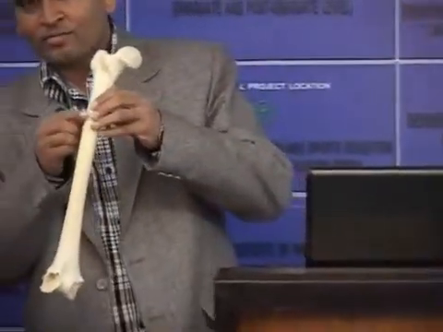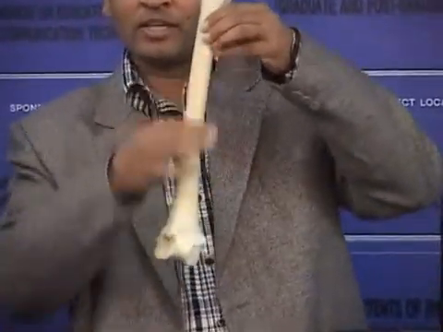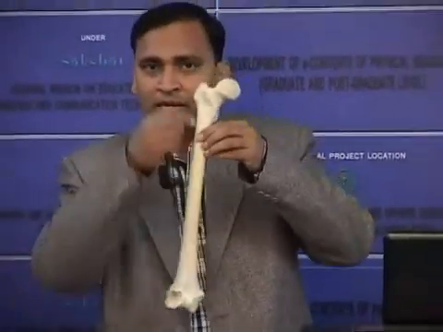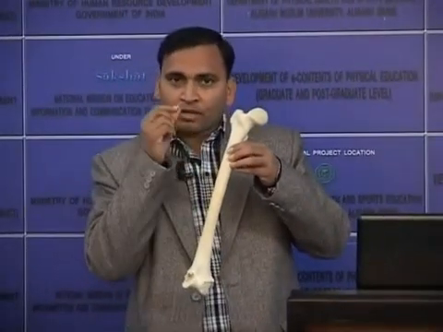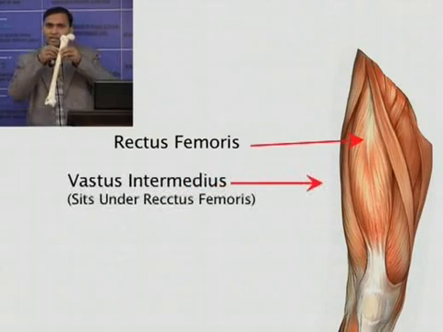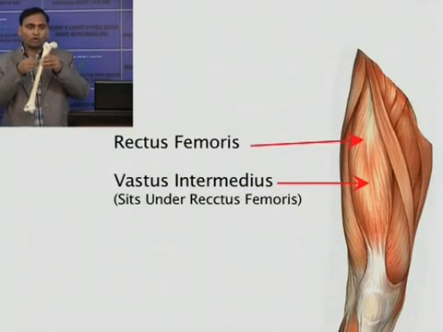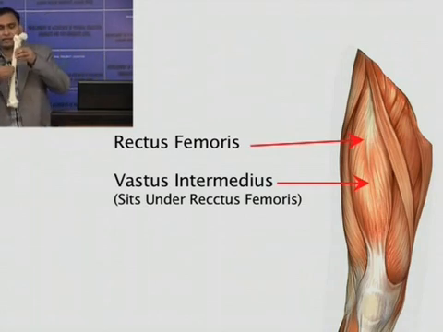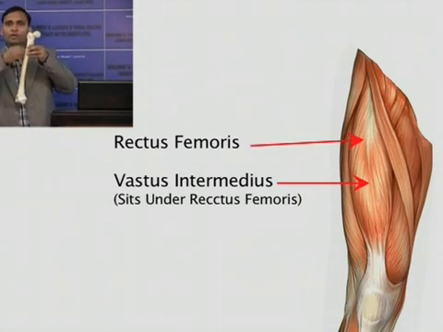Diaphysis means the shaft. When you see the diaphysis of the femur, vastus intermedius originates from the lateral and anterior side, and it originates from here.